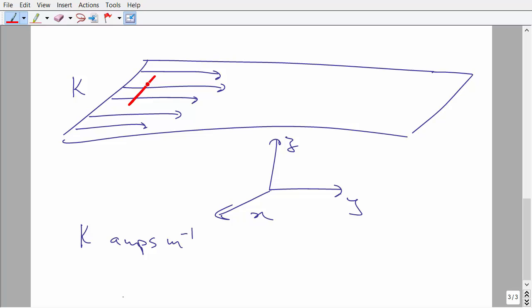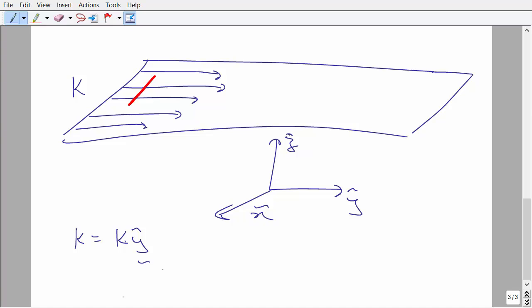So let's consider for the moment that K is indeed constant, and furthermore it is in the y hat direction according to the set of axes that I've drawn here. So we're going to deal with a case where K is equal to K y hat.